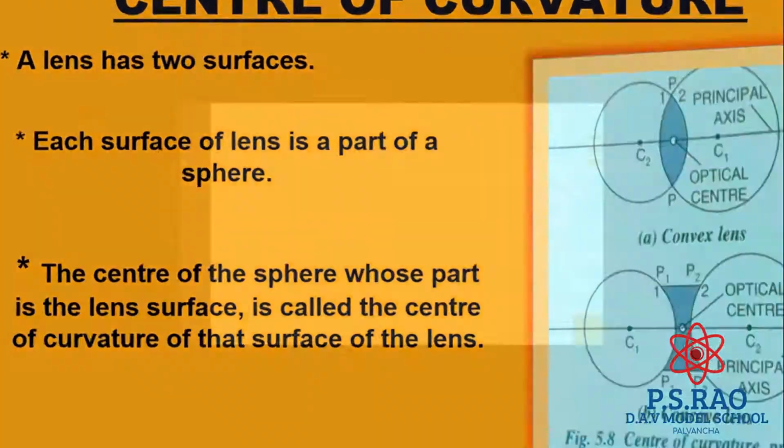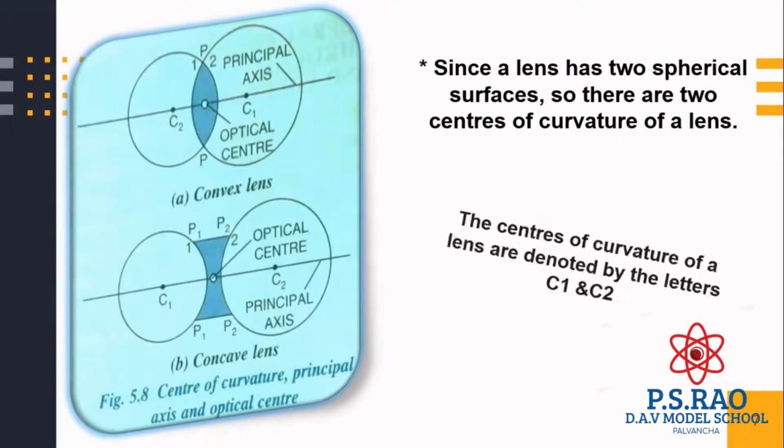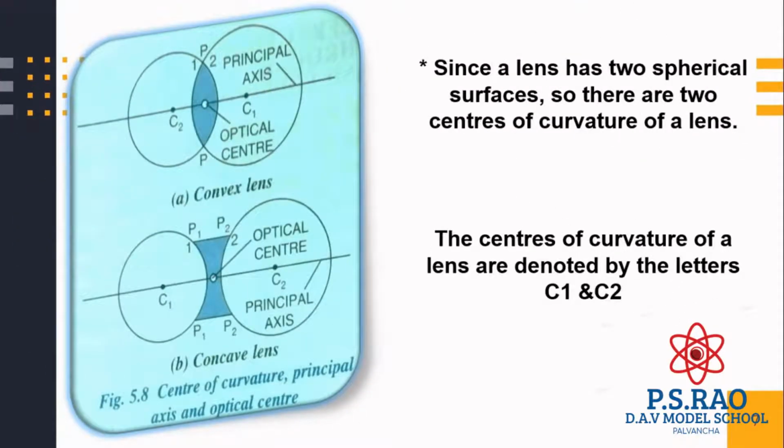Since a lens has two spherical surfaces, there are two centers of curvature of a lens. The centers of curvature of a lens are denoted by the letters C1 and C2.